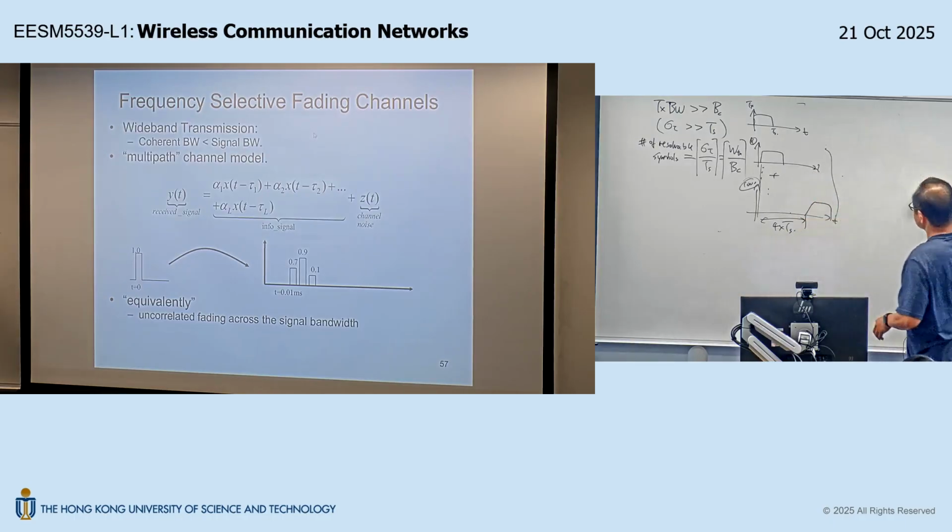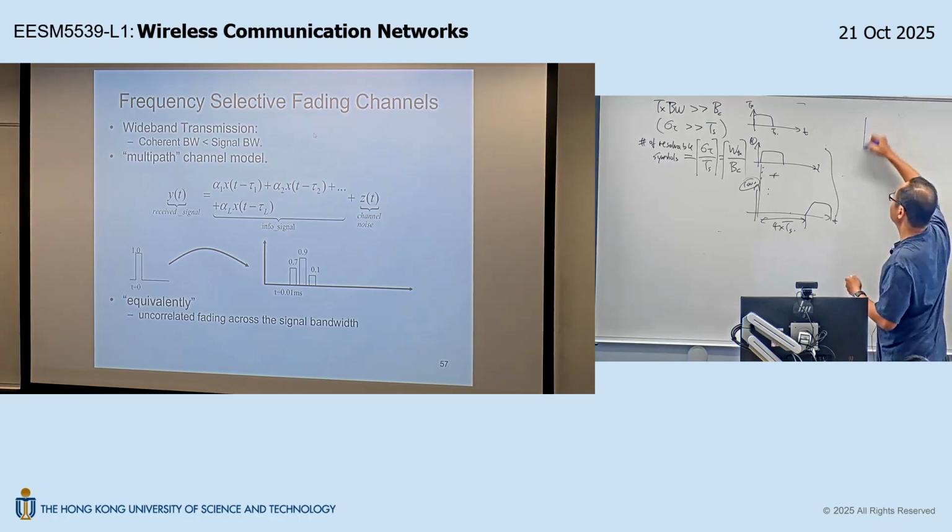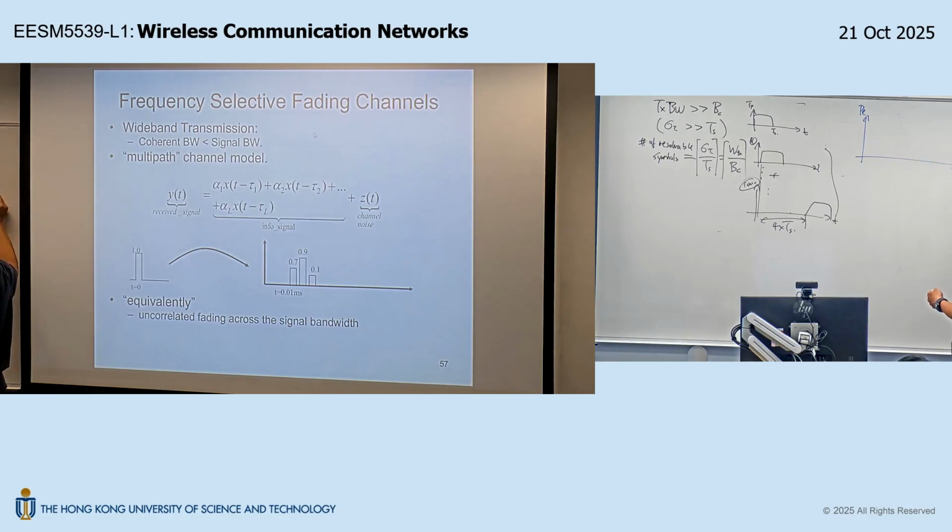Let me erase this. Now in this case, if you try to plot the error probability curve, this is error probability, this is signal to noise ratio in dB. Now we say that if you transmit, let's say, BPSK modulation, this will be BPSK on flat fading channel.